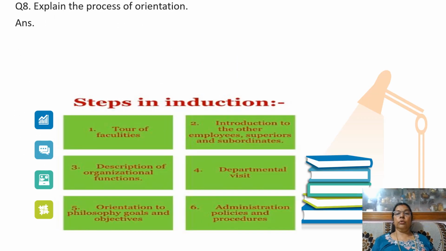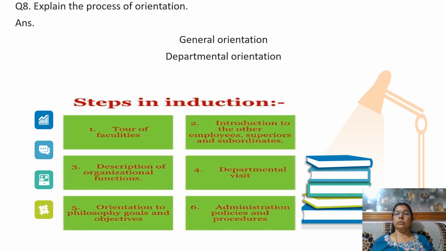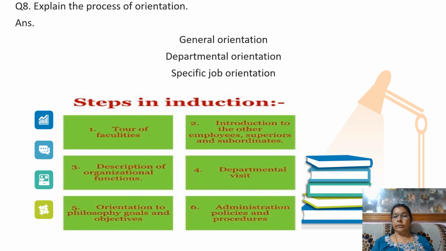So next we go to the process of orientation. There are three steps of orientation. One is the general orientation, then the departmental orientation, and then the specific job orientation. So what is general orientation?